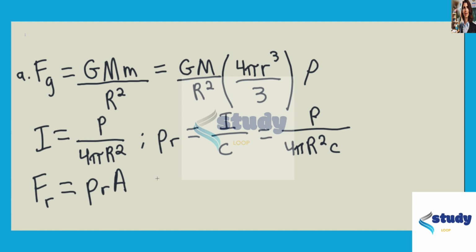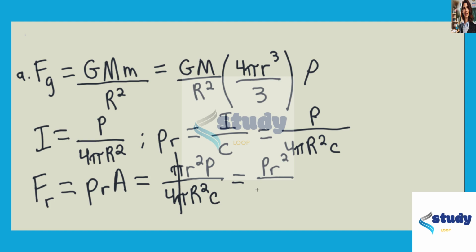So essentially, this would be equal to pi r squared times P, and then divided by 4 pi R squared c, where lowercase r would be the actual radius of the particle itself. The pi's cancel out, and we have this as being equal to P r squared divided by 4 R squared times c.